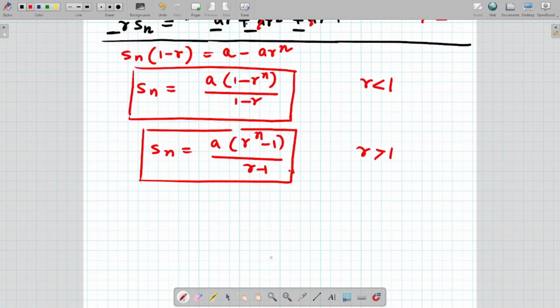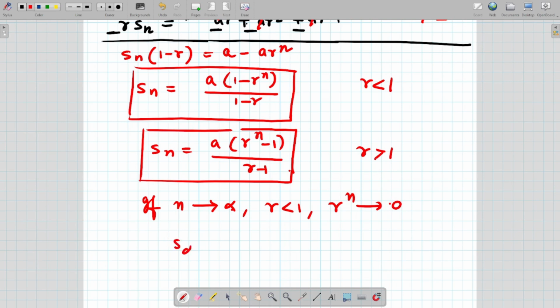And if n tends to infinity, it's an infinite series, okay, and r is less than 1, then r की power n would tend to 0, okay.